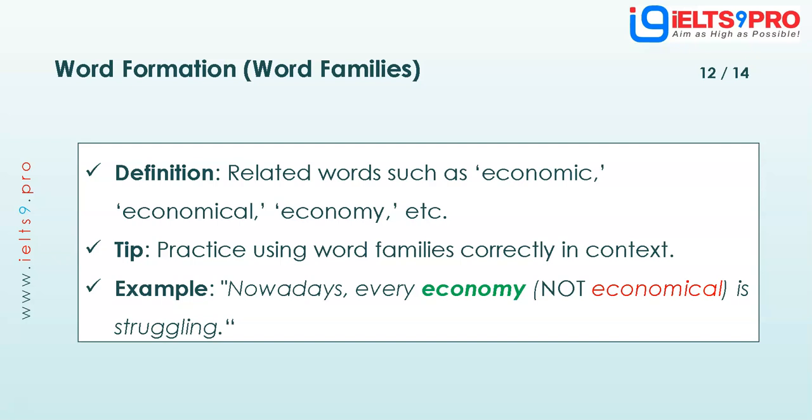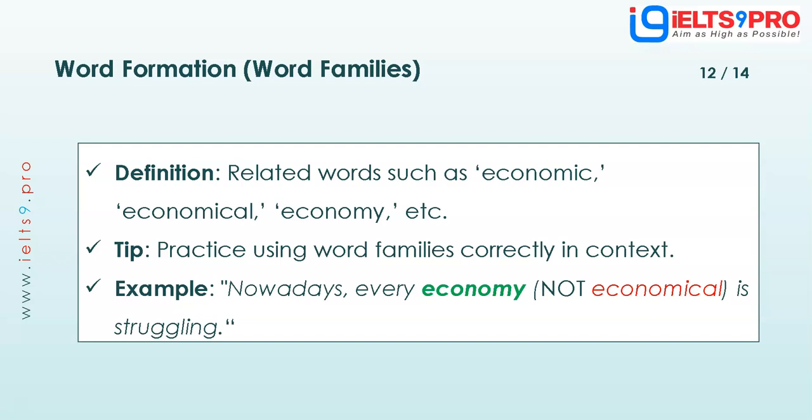Now, as I said, word formation, such as families: economic, economical, economy. Some of them don't work. So like economy as a noun is not the same as economical, which is an adjective. But for some of them, you can, like if you're talking about spending, you might have a question that says, more and more people are spending on blah, blah, blah.